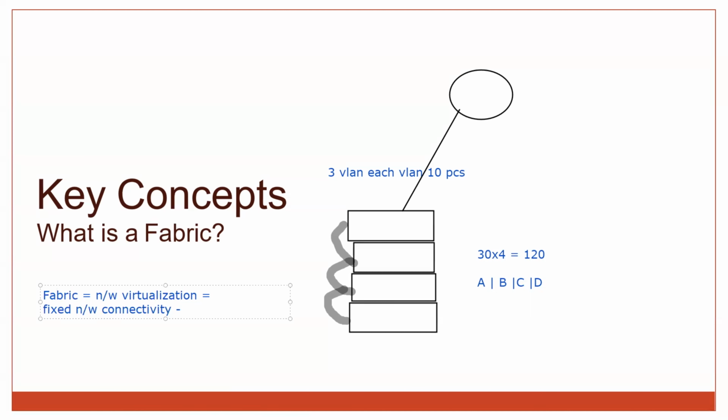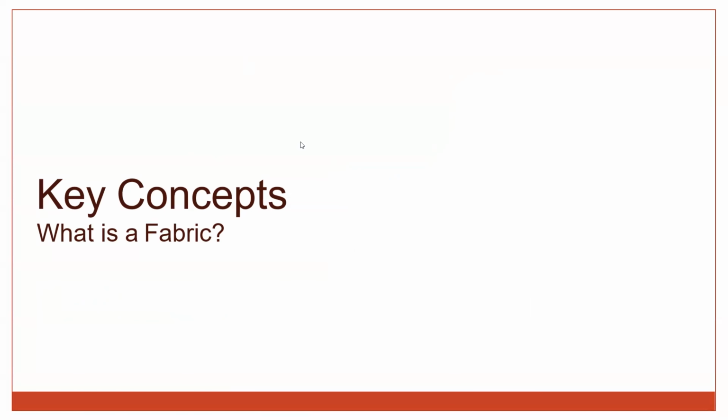On top of that fixed network connectivity, whenever you are doing any logical or software configuration changes, that is fabric. Okay, so far so good, right? This is the definition of fabric.